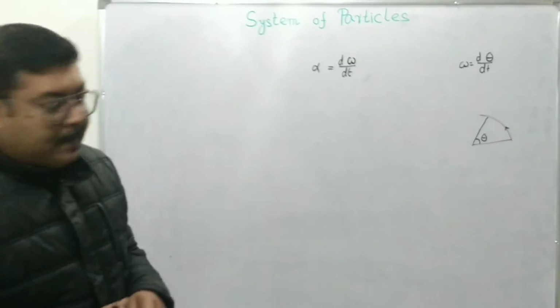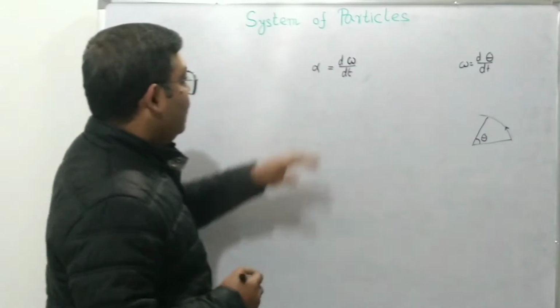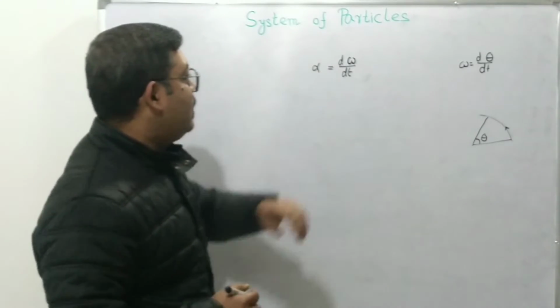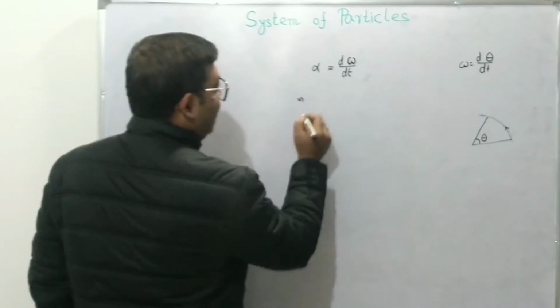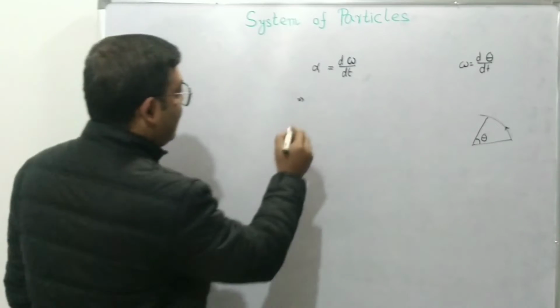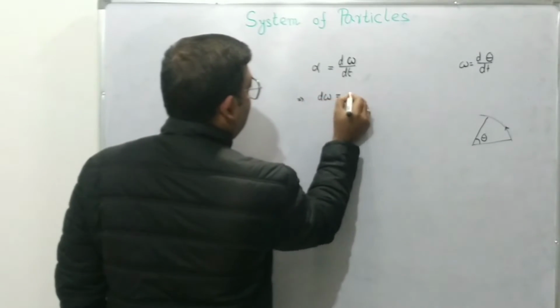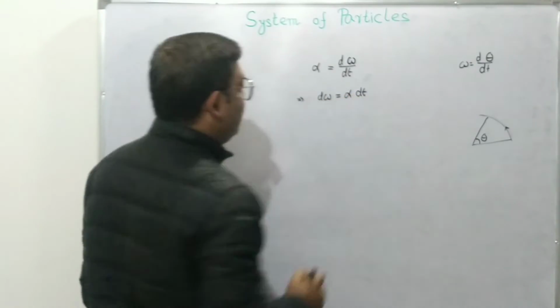Okay, now coming back, if alpha, that is angular acceleration, is given by d omega by dt, then we also have that d omega can be given as alpha dt.